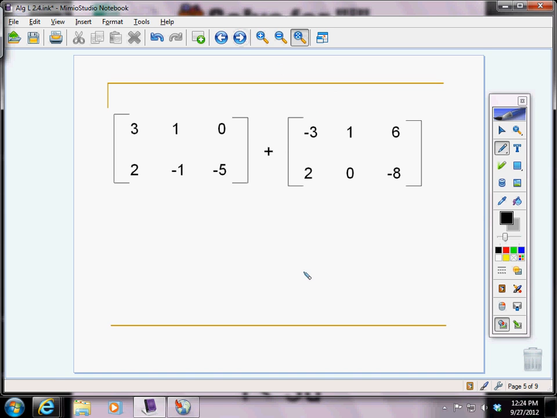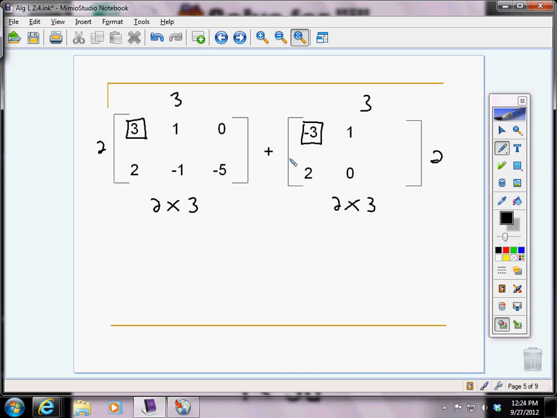If we look at this example, we have a 2 by 3 matrix, and we have a 2 by 3 matrix. Just as an example, if that column wasn't there, what we're going to do when we add these is add the corresponding entries.